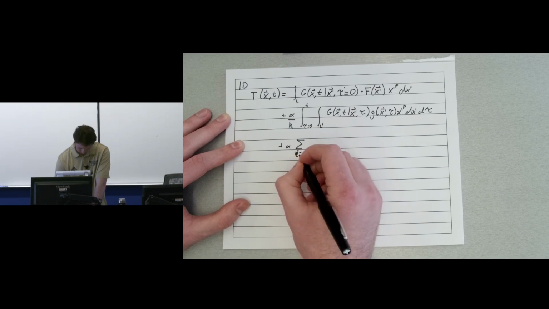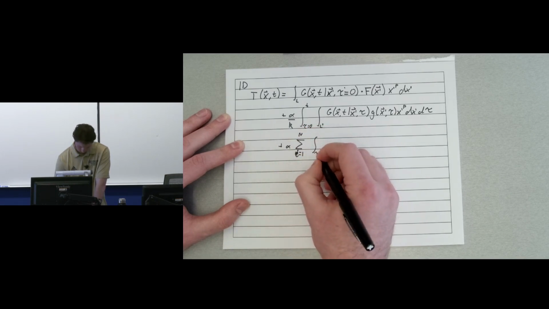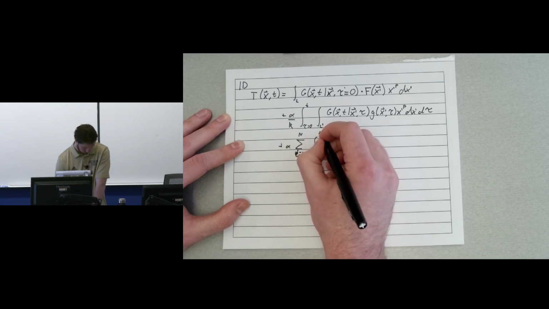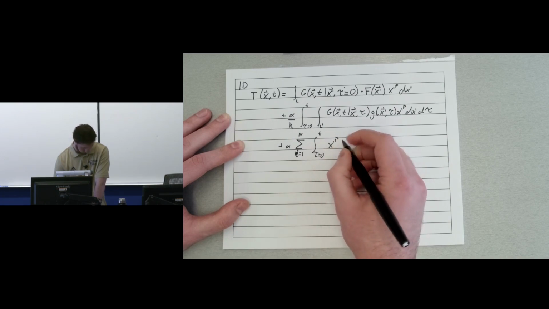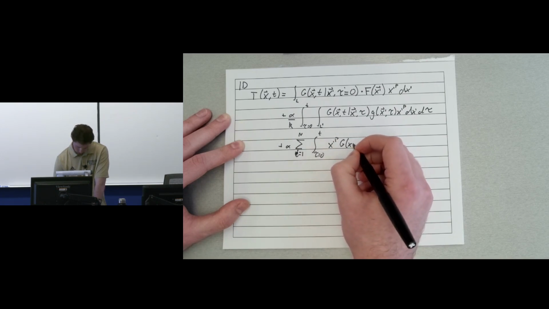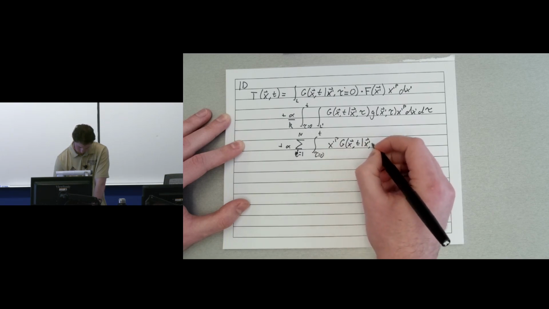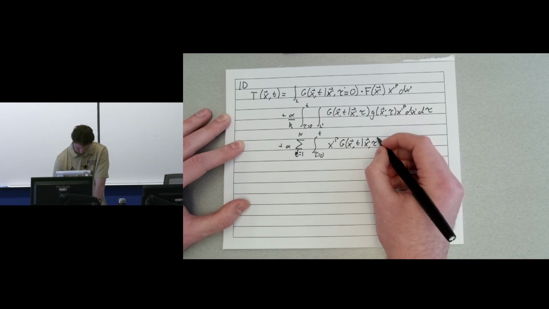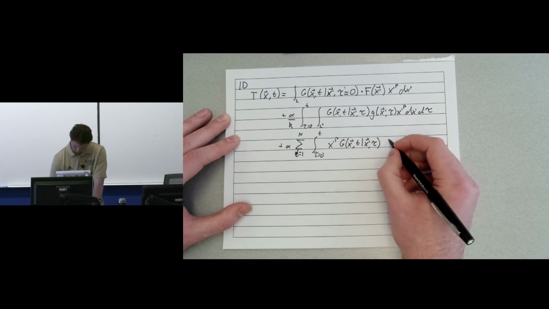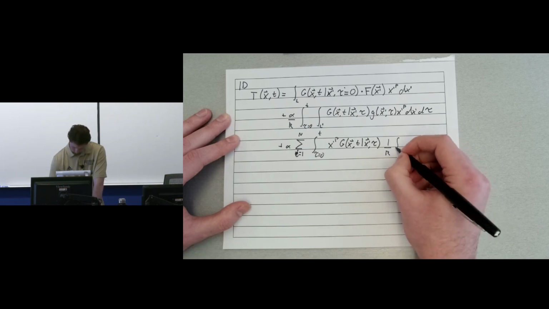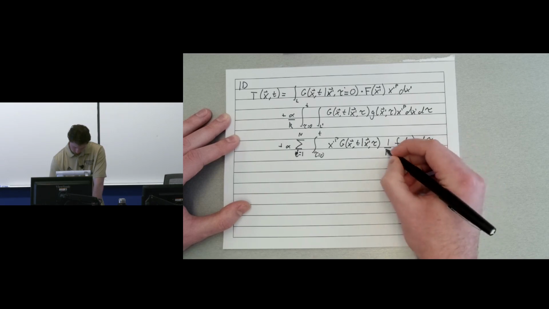And then the sum from i equals 1 up to n of our integral from time equals 0 to t of x p, our Green's function with our impulse, 1 over k, and then our boundary condition integrated across tau.